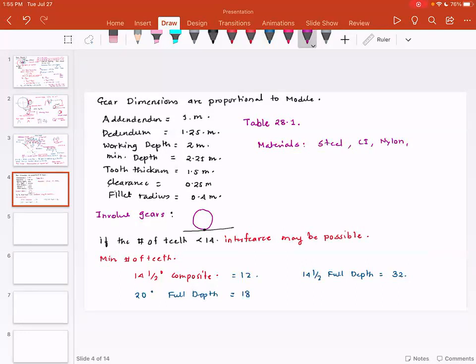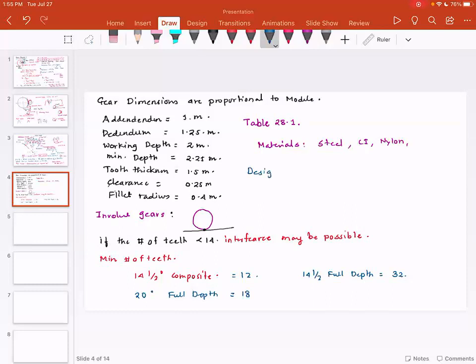I have also seen plastic ABS gears, depending upon the application, weight criteria, and the power transmitted by the gear. So how do you design a gear?